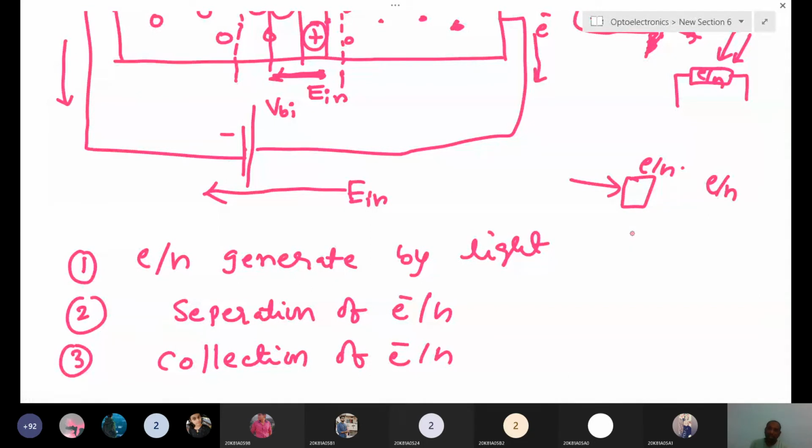After that we switch off the light, and the biasing is still there. In the biasing condition, how many electrons and holes are collected? How many generated, how many collected? That we will analyze with light and without light: the electron density, or flow of electrons, that is the current, we will measure.